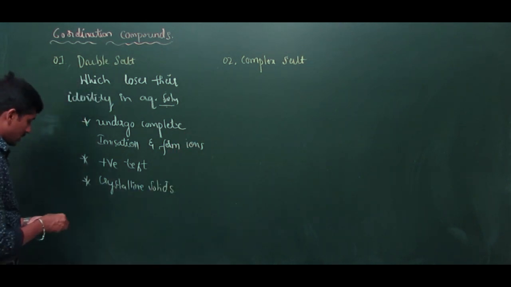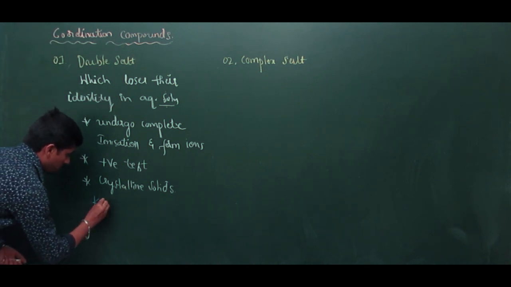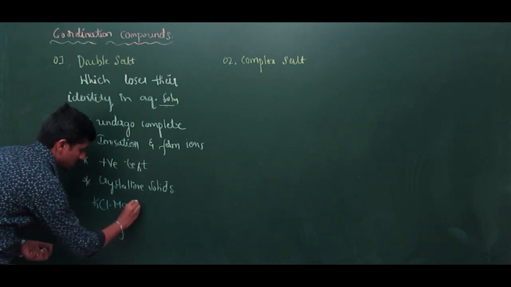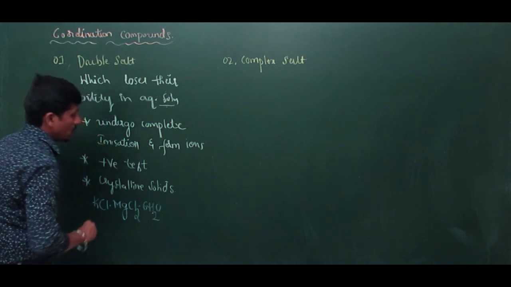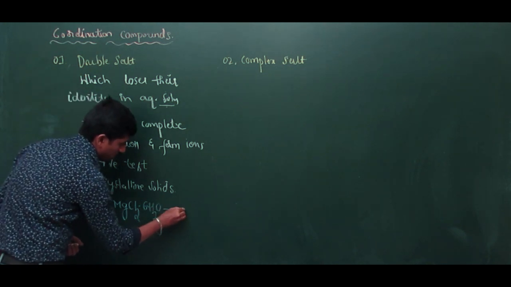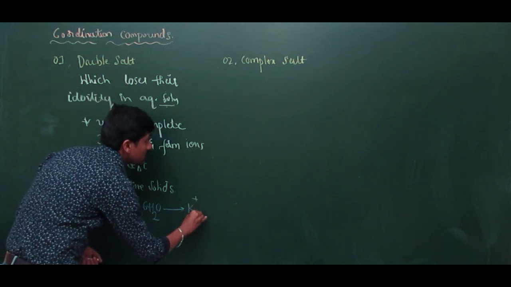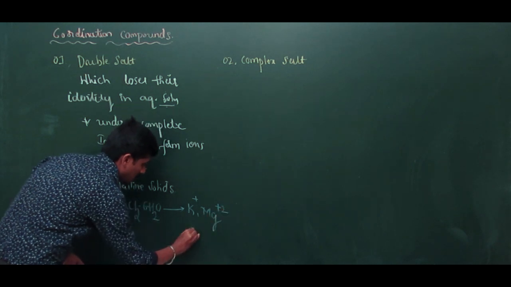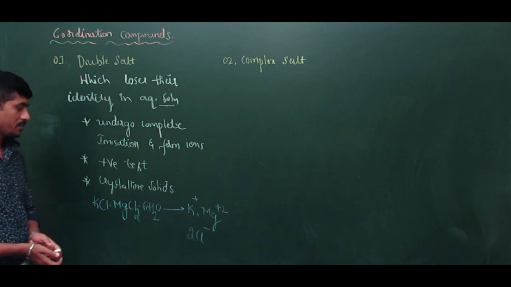Take the example carnallite, having the composition KCl.MgCl2.6H2O. When this compound is put into water, it dissociates into K+, Mg2+ and 2 Cl- ions.